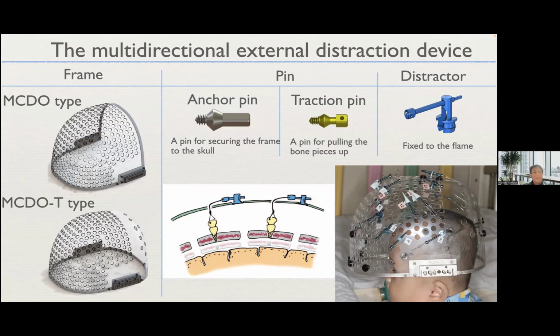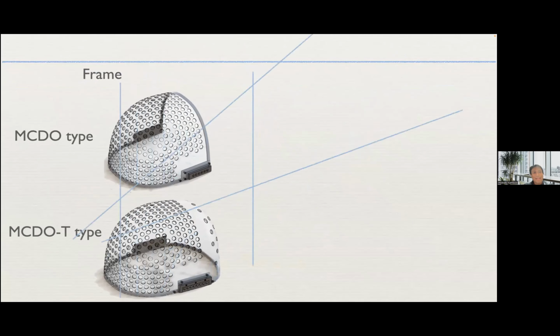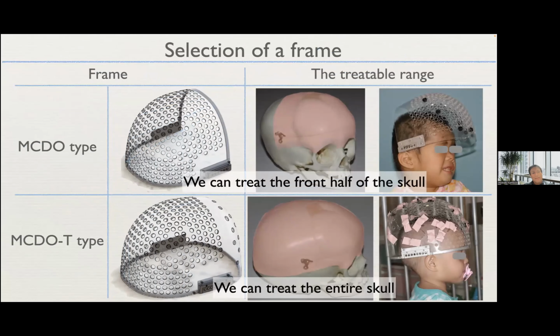Two plastic frame variants exist, the MCDO type and the MCDO T type. We select the frame based on the patient's skull deformity. With the MCDO type frame, we can treat the front half of the skull. And with the MCDO T type frame, we can treat the entire skull.